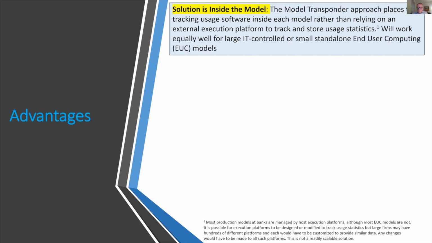It will work equally well, therefore, for the large IT-controlled or small standalone EUC models. That last comment is very critical, because EUC models typically are not run from any sort of IT-controlled execution platform. These are just the models that don't tend to show up reliably in inventory and are not well accounted for, because they're so easy to create, and very often they're not submitted for validation into inventory.